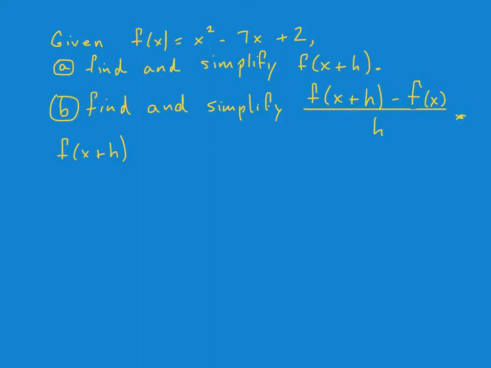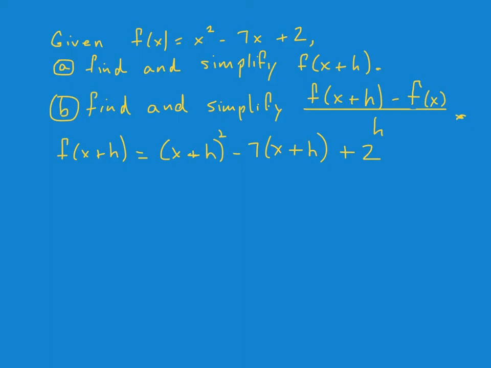That's what that notation is telling you to do. So just very carefully replace every x with x plus h in the original function. And then we simplify this expression.